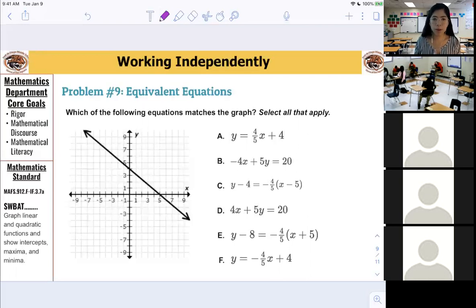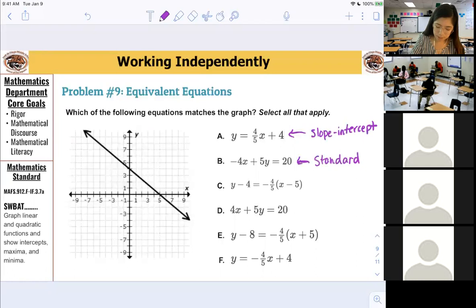So what form is A written in? What's this one? Slope-intercept, standard? Slope-intercept. Good, this is slope-intercept. How about this one? B. Standard. C. Point slope.